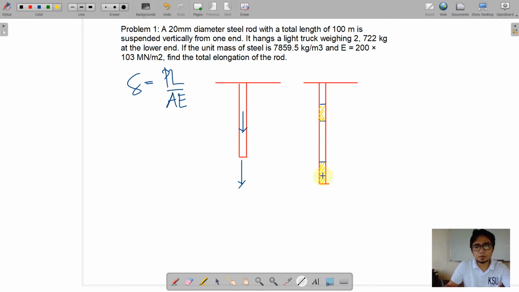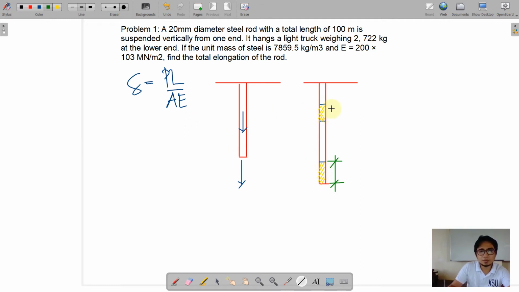This deformation is not necessarily located at the bottom, but essentially the distribution of the delta due to the weight of the truck is occurring all over the entire length. So we should note that. But for the sake of calculation, we'll just reflect it on the bottom.